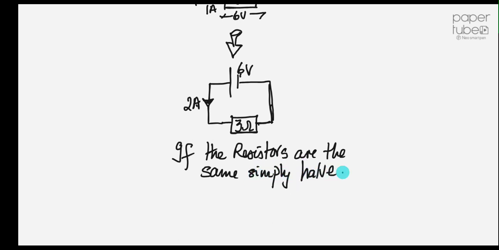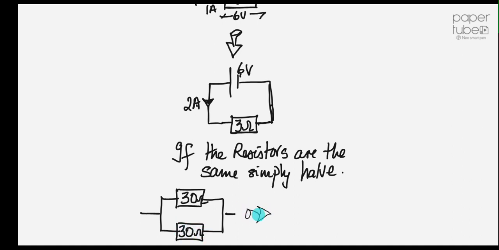Fair enough? Like for example, if I take these two resistors here, they're in parallel. How do I know they're in parallel? Because the current's going to split where the blue dot is, right? And I'm going to give these, and they're the same, so they're both 30 ohms. So that would be the equivalent of one resistor of 15 ohms.